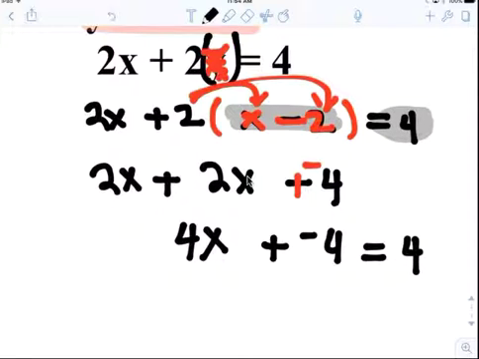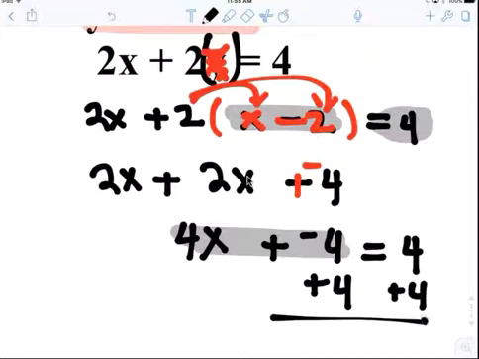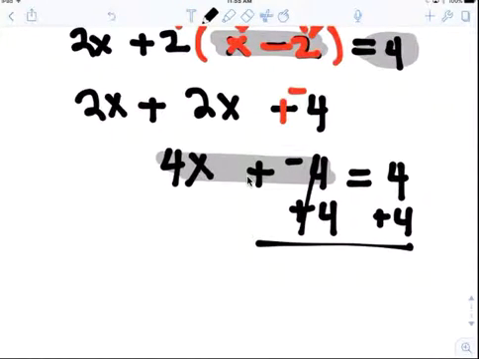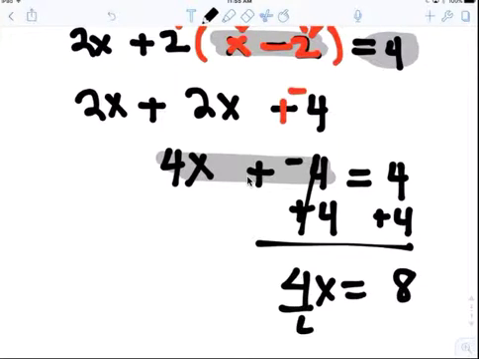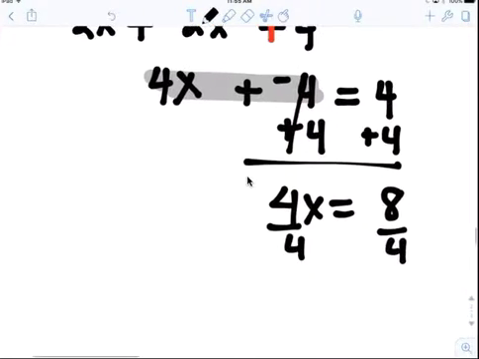That's 4. So because I have 2 on this side, I have to make one of them equal to 0. I'm going to make the one without any variable equal to 0, plus 4. Save the other one last, plus 4. I get 4x equals 8. Divide by 4, divide by 4, then x equals 2.